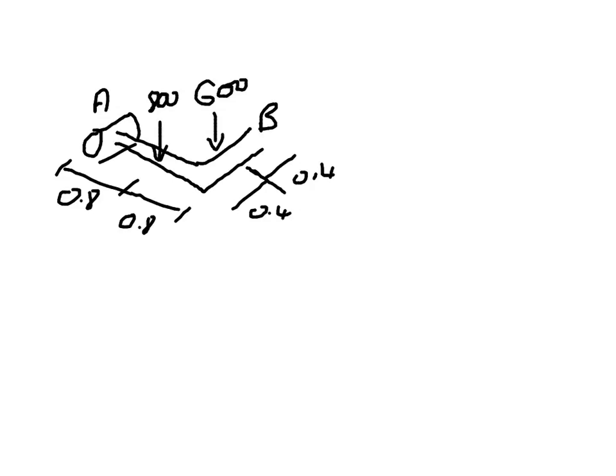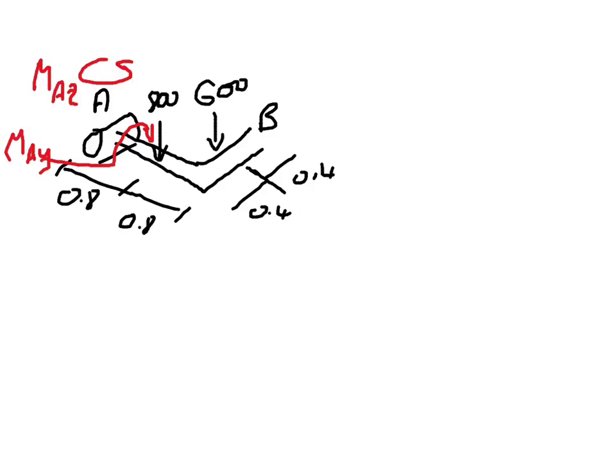I couldn't twist it about the Y-axis either. So there must be a moment at A about the Z-axis, and I'm going to label this just here, a moment at A about the Y-axis.